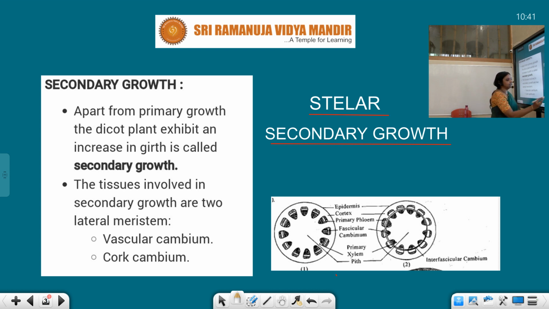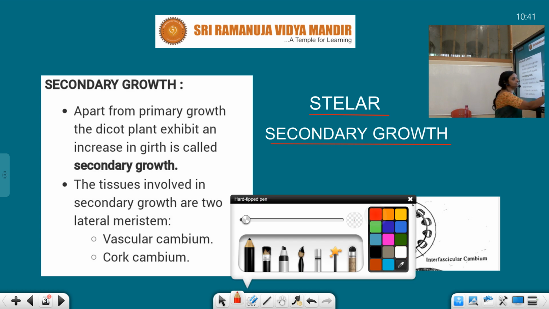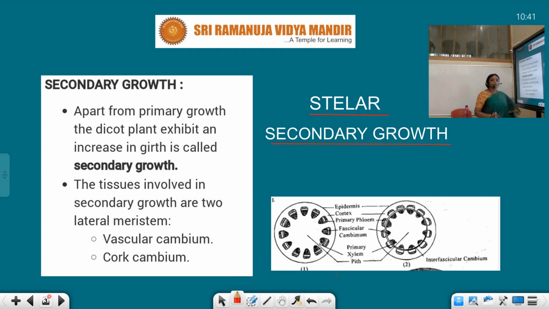Plant is very thin primarily, the stem is very thin and slender. But after some years, what happens? Every year some wood part is increasing, so due to that the girth is also increasing. So, increase in diameter or width or girth is known as secondary growth.